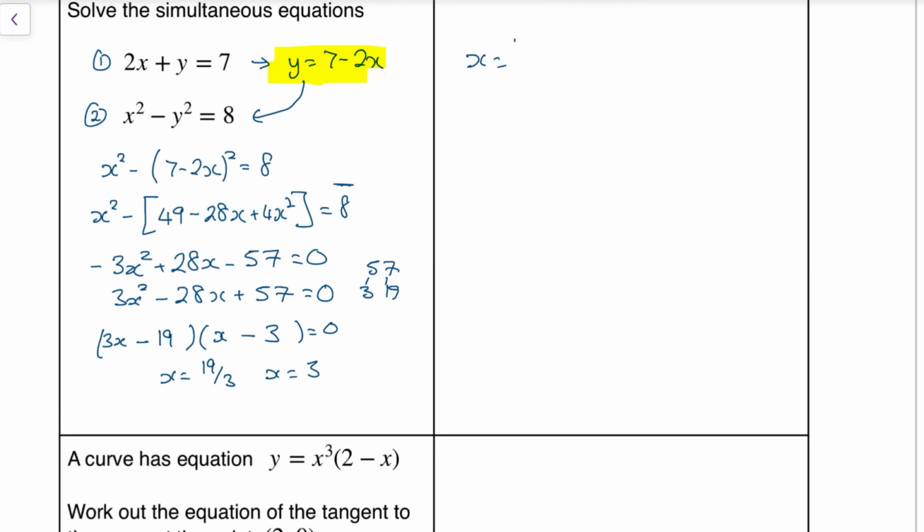So if x equals 19 over 3, then y, calculator out, equals 7 minus 2 times 19 over 3, which is going to be minus 17 over 3. And slightly easier to work out, if x equals 3, then y equals 7 minus 2 times 3, which is 7 minus 6, which is 1.